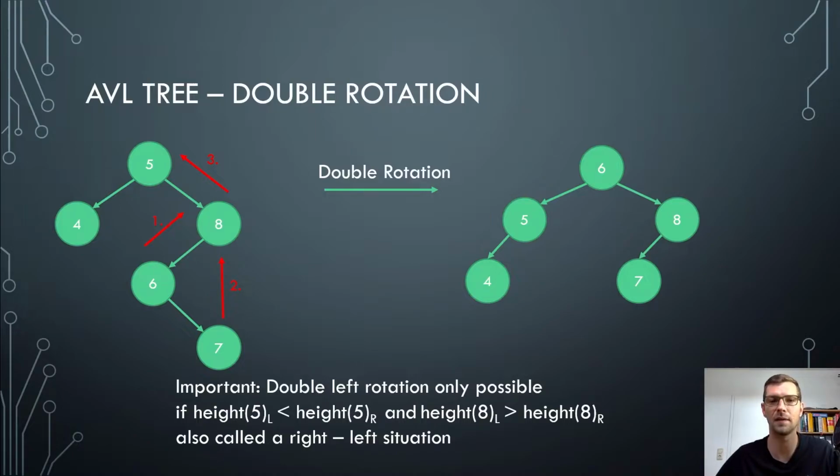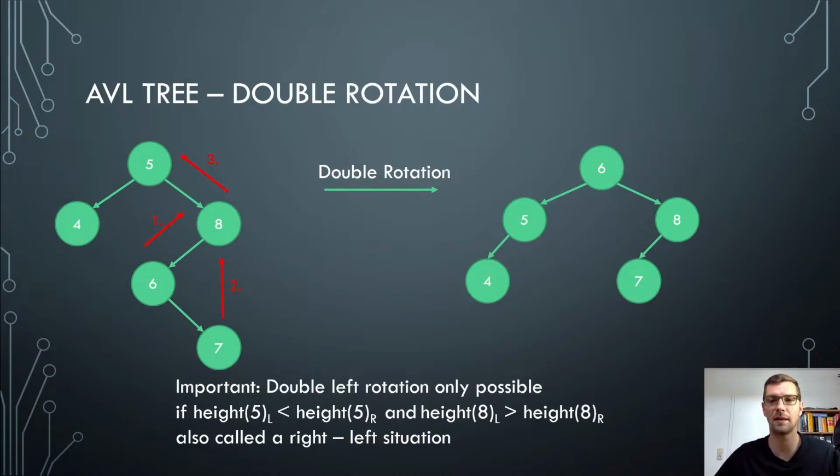That is also called a right-left situation, because the 5 is right heavy, so it has a greater height there, and then the right child of the 5 is left heavy because it has more children on the left side than on the right.